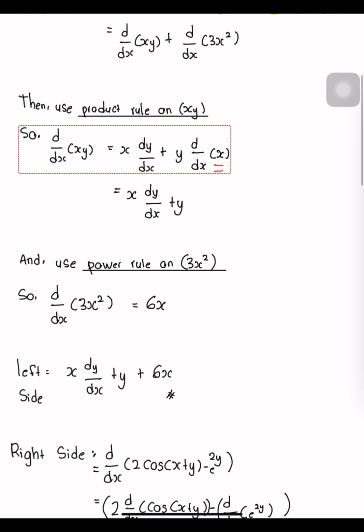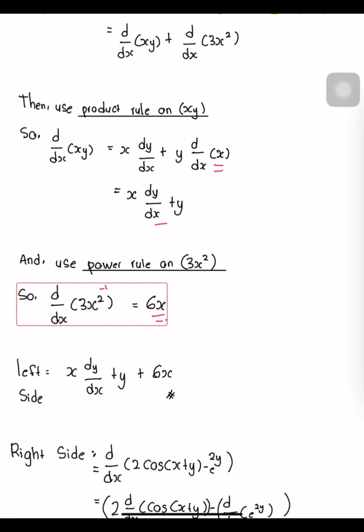For the next one, we use the power rule on 3x squared. This is the basic one: 2 multiplied by 3 gives 6, and the power 2 minus 1 gives 6x. Combining both, we get x times dy over dx plus y, plus 6x. So this is for the left side.